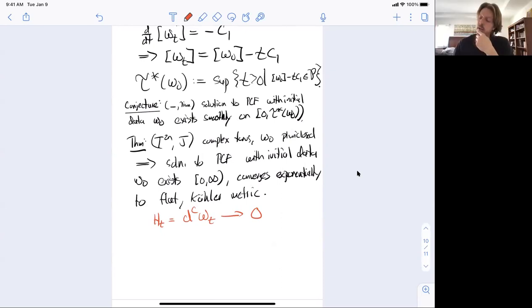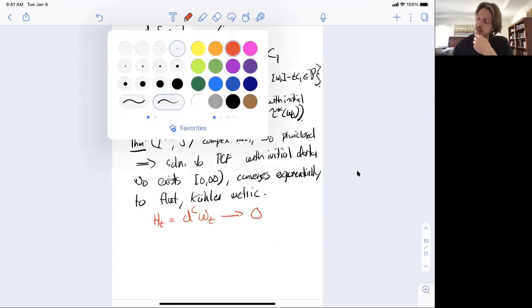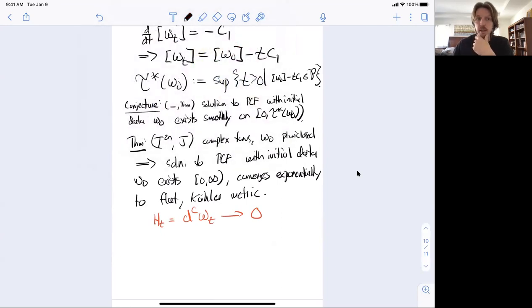Well, that is the most naive guess. I guess you could prove it if you're in a situation where the existence time is infinite, and moreover, the solution is non-singular. Even then you can't really prove that, but it's not true because there can be some collapsing.